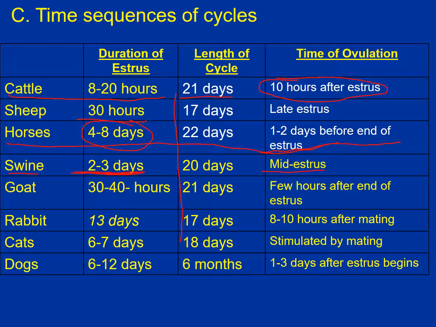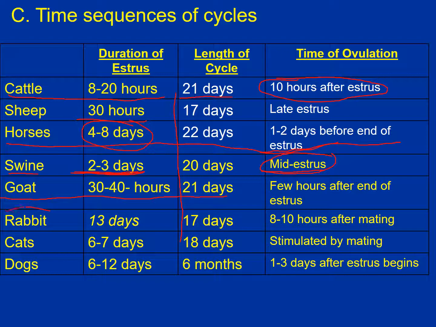So when the animals are first observed in estrus, we'll probably inseminate about 12 hours later, and then we'll come back and inseminate again 24 hours later, and hopefully hit that mid-estrus ovulation time. Goats, very similar to sheep, as you see here. Length of estrus cycle a few more days, and ovulation a few hours after the end of estrus.